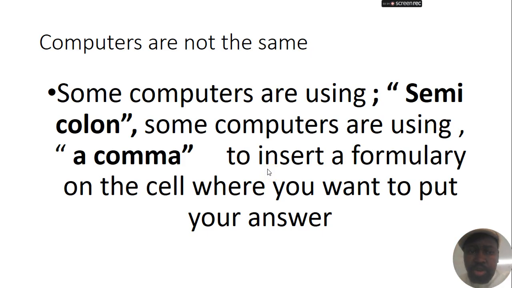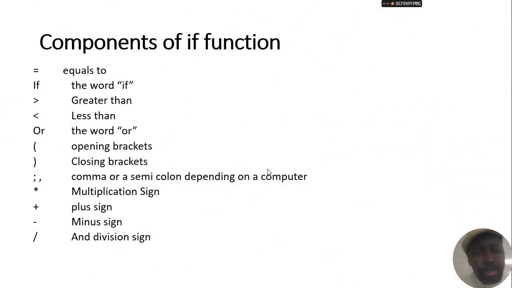Now, when you are doing this function, you must know that computers are not the same. Some computers are using semicolons, some computers are using a comma. So to insert a formula on the cells where you want an answer, following are the components of the IF function formula.